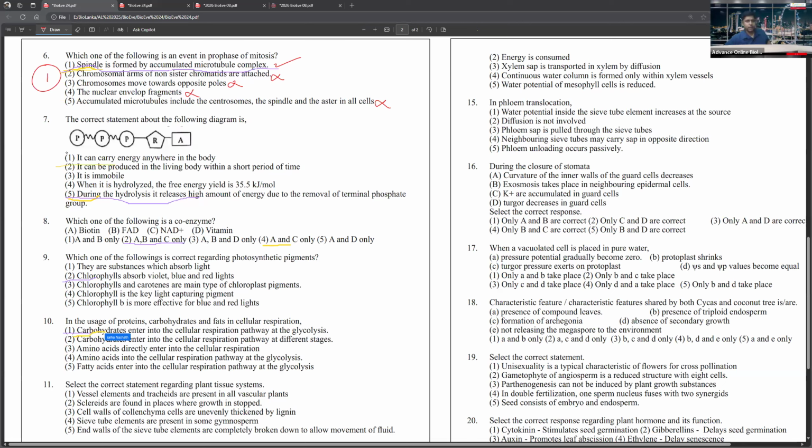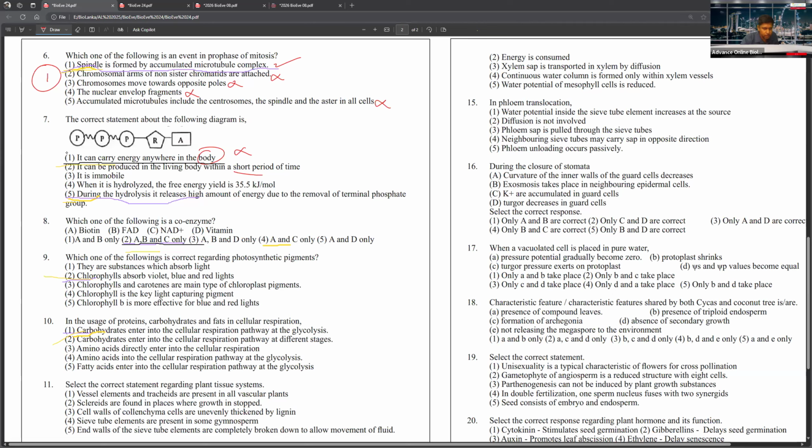Question number 7, the correct statement about the following diagram. It can carry energy anywhere in the body, no, the cell. It can be produced in the living body within a short time period.